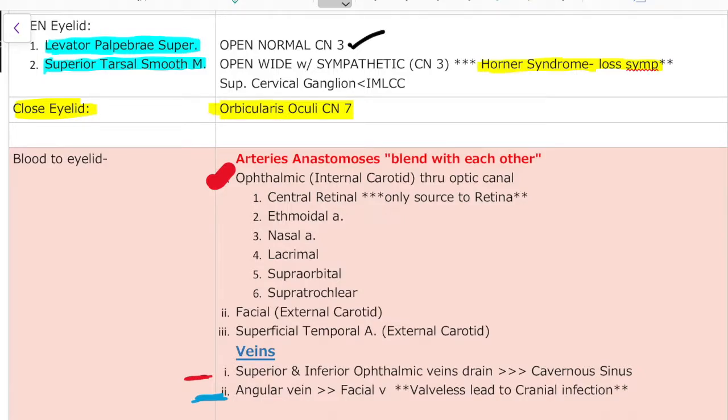So we have the superior and inferior ophthalmic veins that will drain into the cavernous sinus, and the angular veins from the facial vein can also drain into the cavernous sinus. And this is important as infections can lead to cranial infections, as the facial and the eyelid arteries and veins are connected to the cranial cavity.